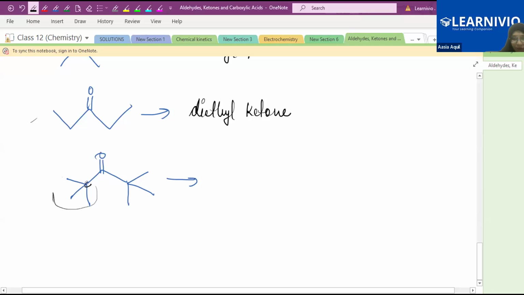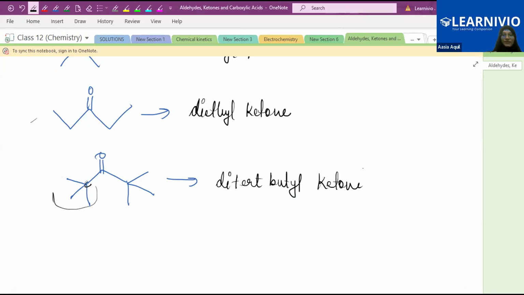Both sides there is a tertiary butyl group attached to this ketone. So what will be the name? For tertiary we use the prefix tert, so it's di-tert-butyl ketone. Both sides, a tertiary butyl group is present, so that's why we write di-tert-butyl ketone. Clear?